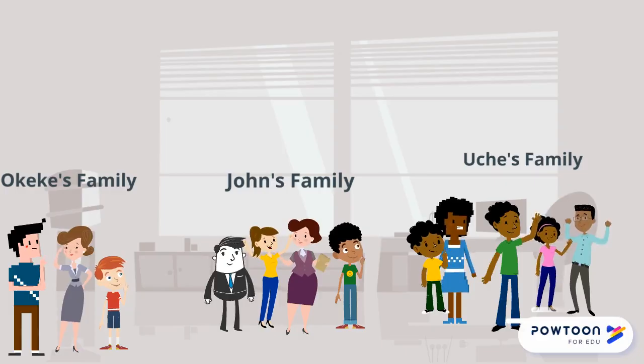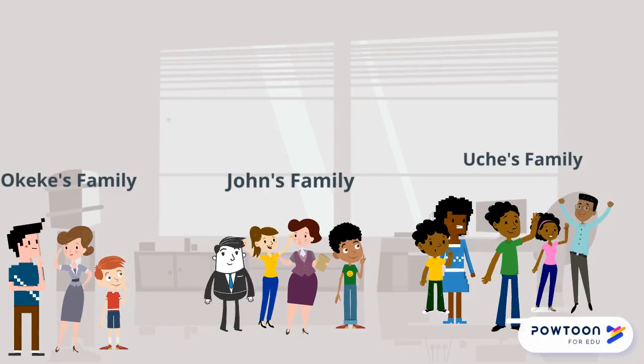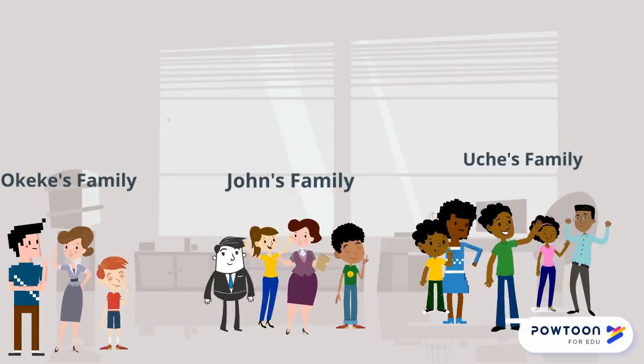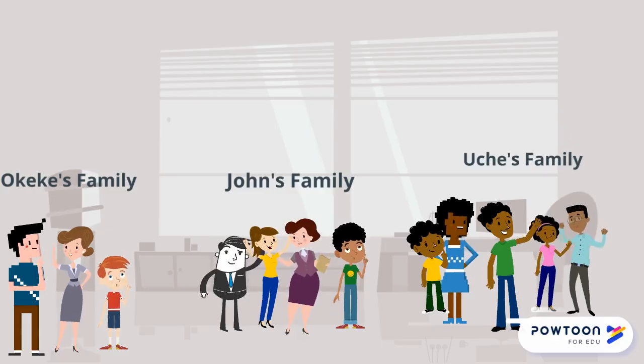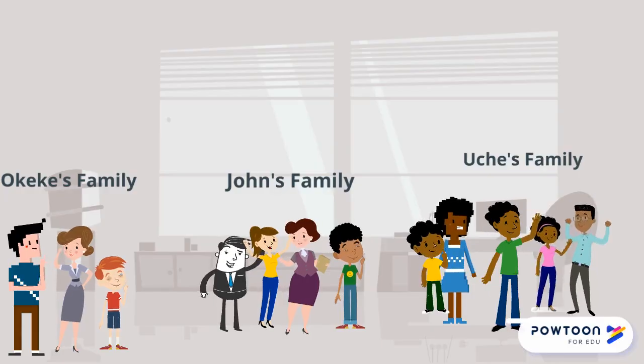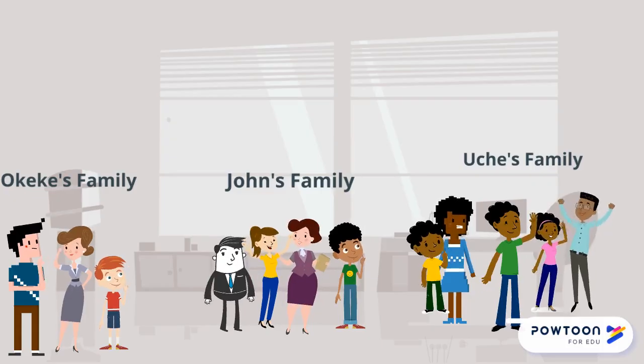In John's family, there are 4: the parents and the 2 children. While in Uche's family, there are 5: their parents and their children.